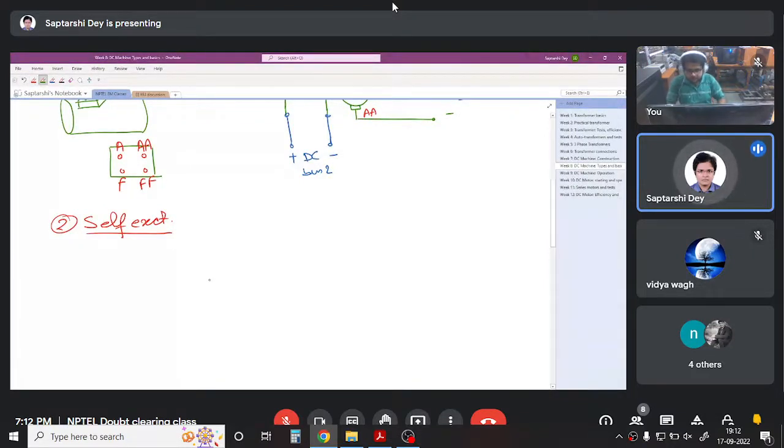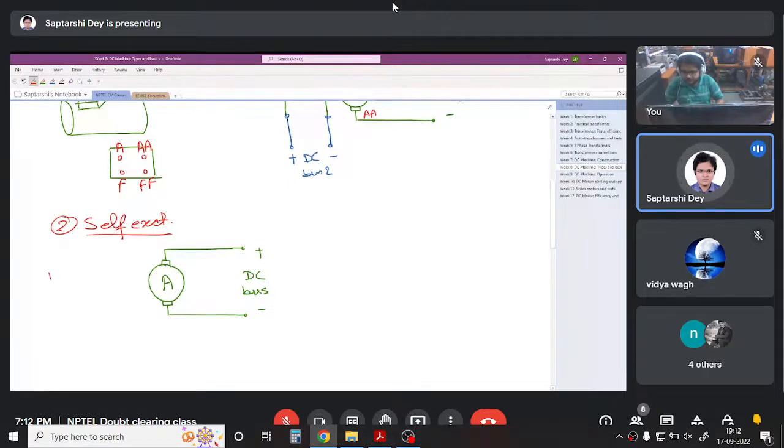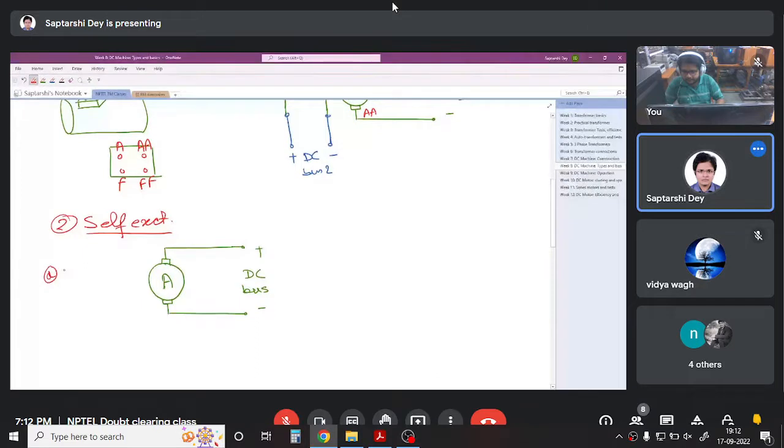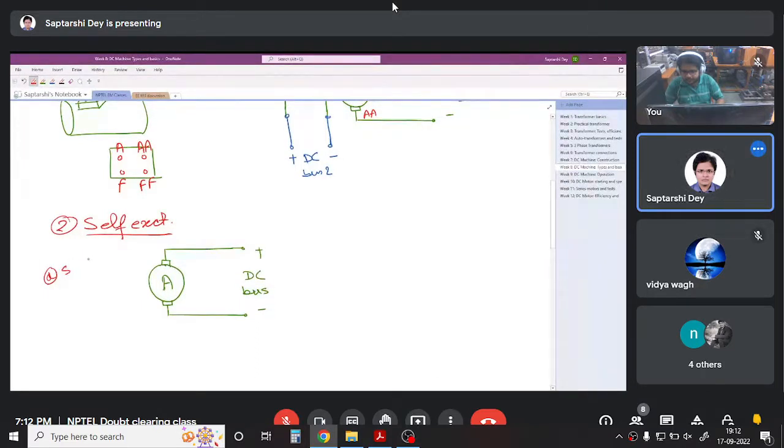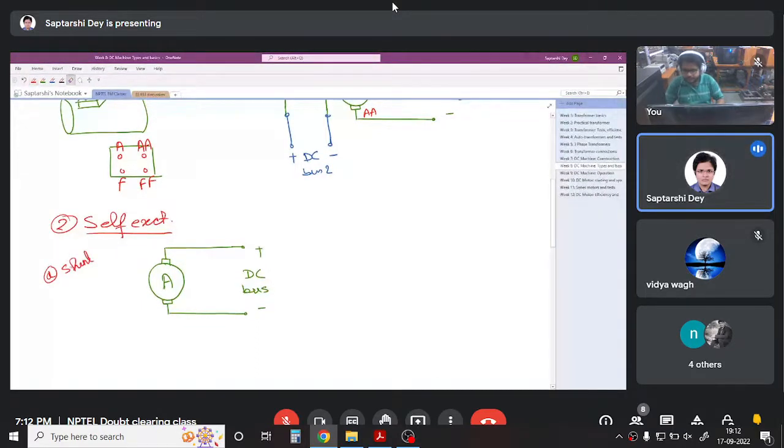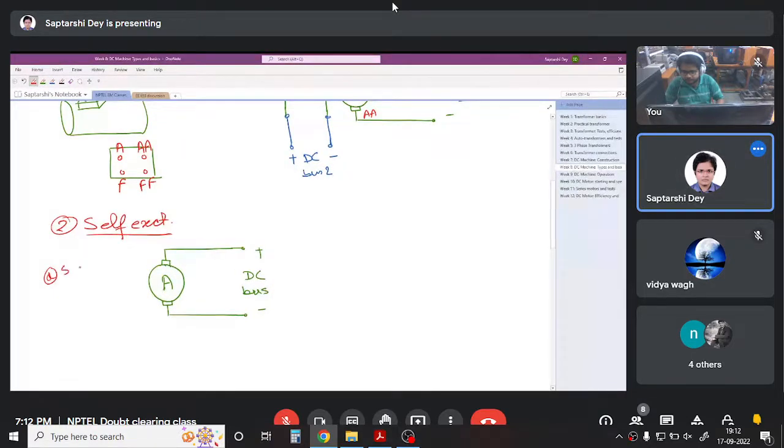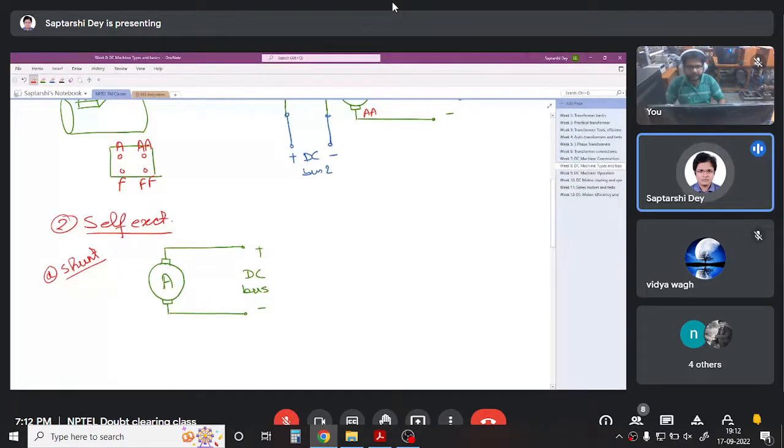One of the connections is like this. Say we had this DC machine, armature. The first one that we will discuss is shunt. So when we say shunt, can you tell me what is the meaning of shunt, any one of you?